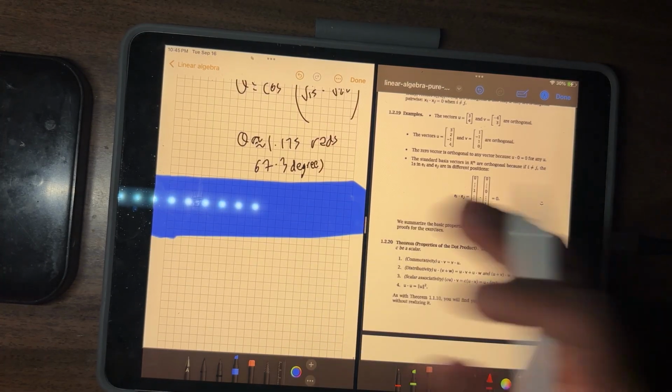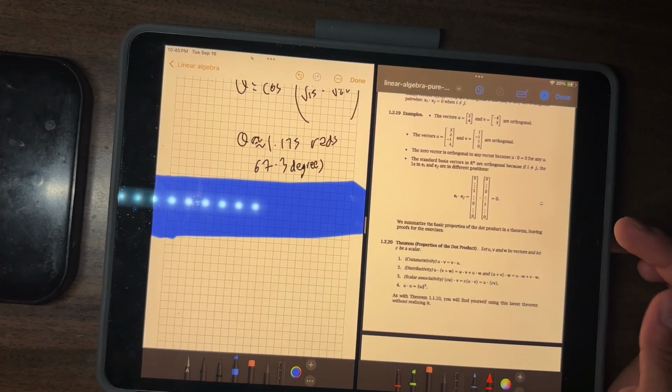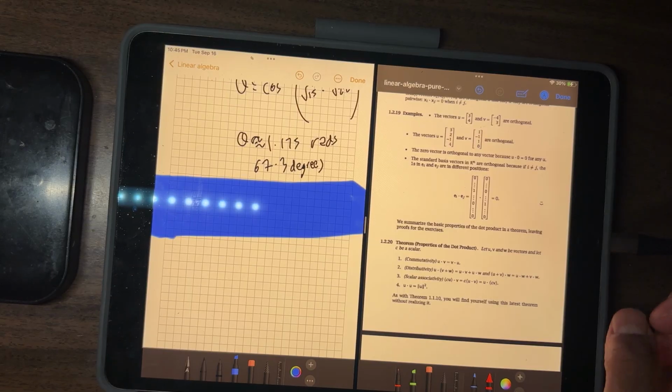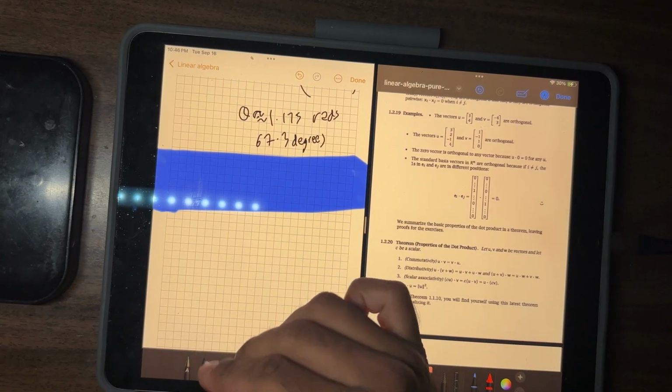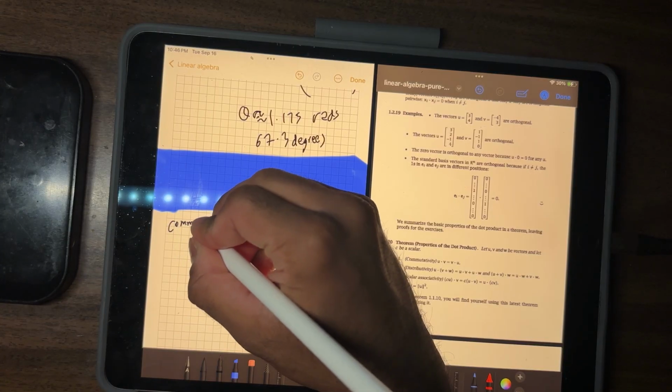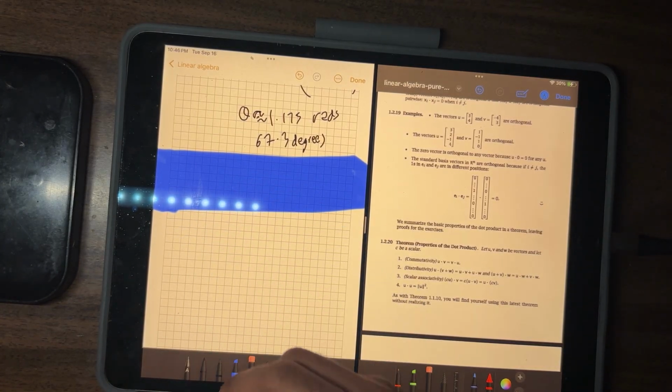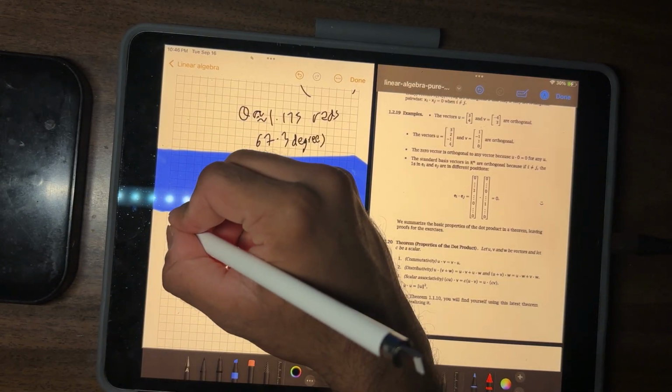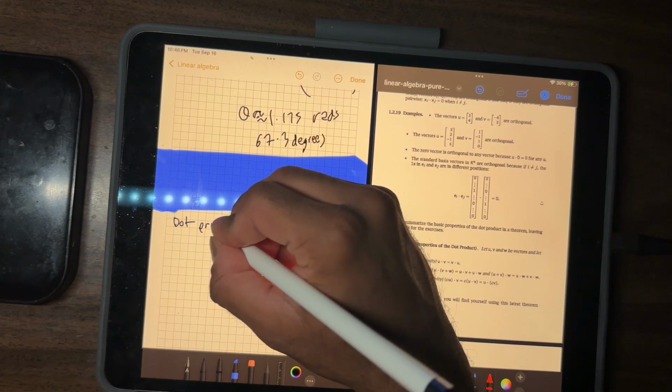Right, so commutative, distributive, associative, then multiplicative, right? So multiplication, or whatever you call it. These are basic theorems, the dot product theorems.